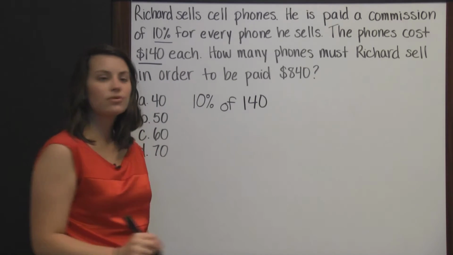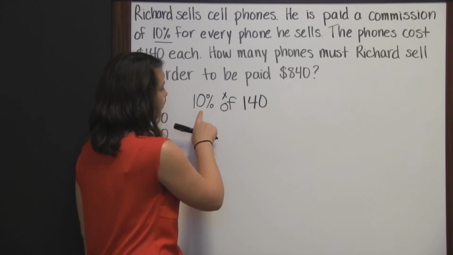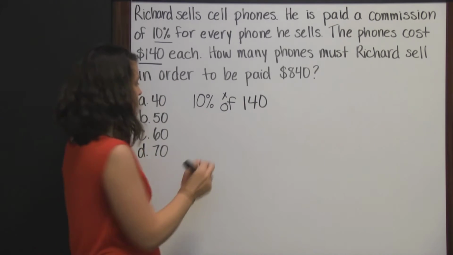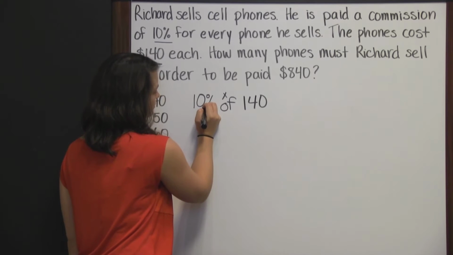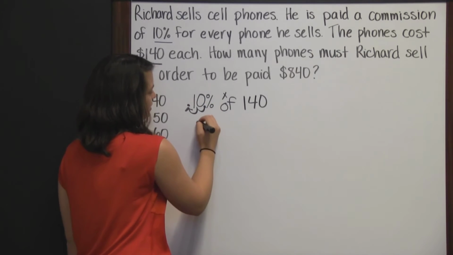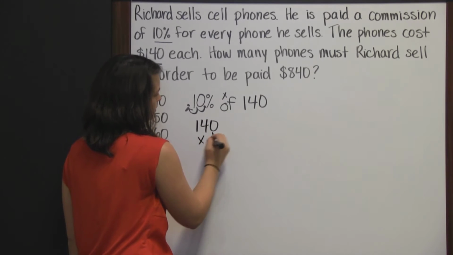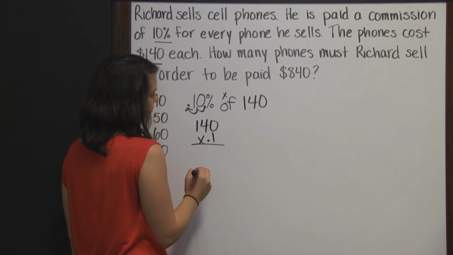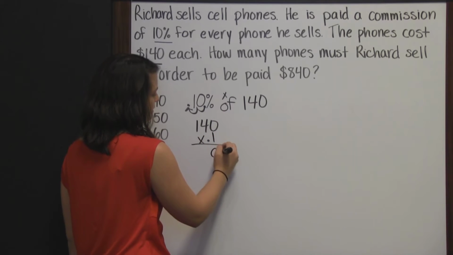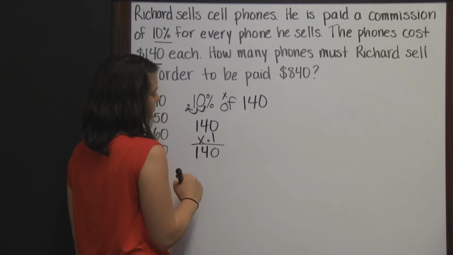Of means to multiply. And we need to change our percent to a decimal. So we take the decimal and move it 2 places to the left. So that means we're multiplying 140 times 0.1. 1 times 0 is 0, 1 times 4 is 4, 1 times 1 is 1.